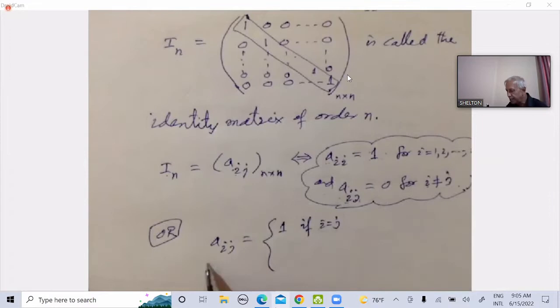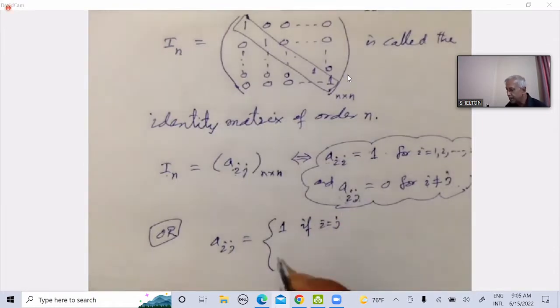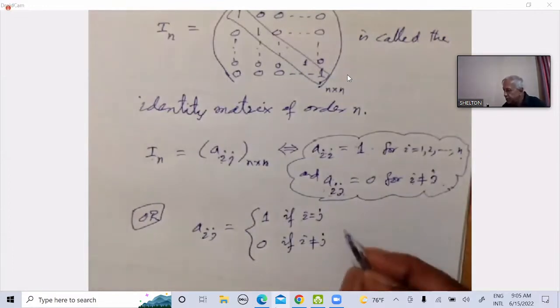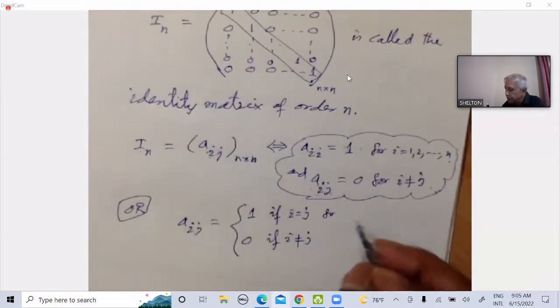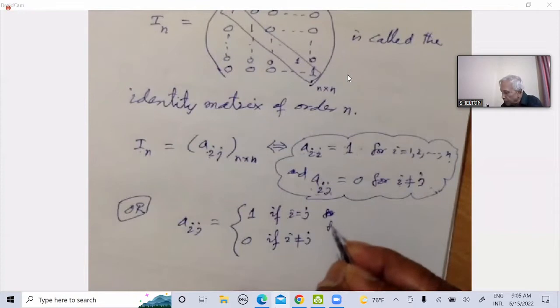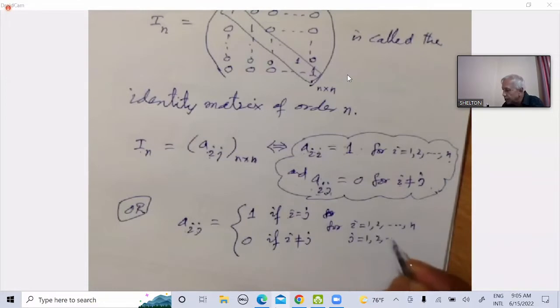Ij, if i and j are equal, it is a diagonal entry. It's 1. 0 if i is not equal to j, for i going from 1 up to n and j also going from 1 up to n, because it is a square matrix.